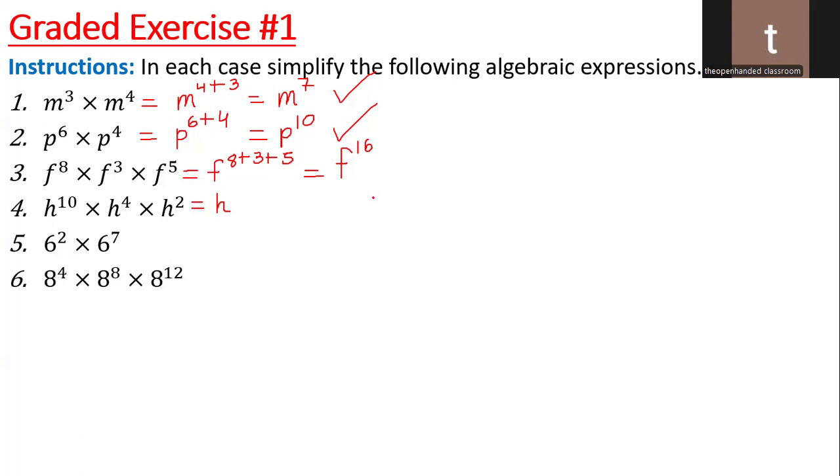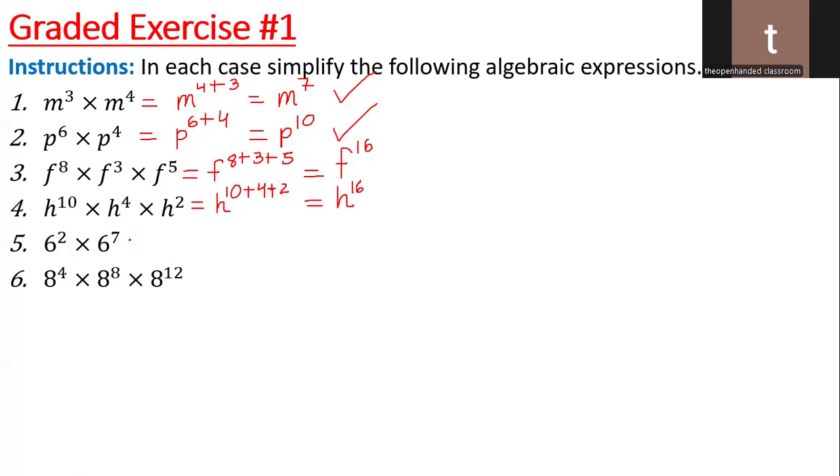Very good. So this is 16 again? Oh, wow. Okay, so that was not intentional, but it happens. So h to the power of 10 plus 4 plus 2 is going to be equal to h to the power of 16, very good.